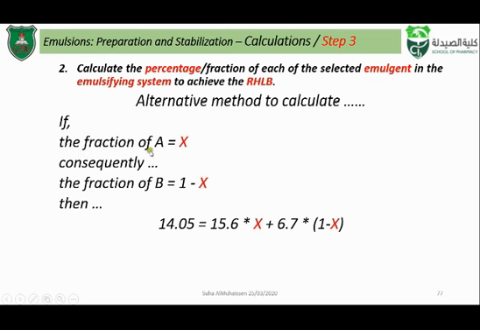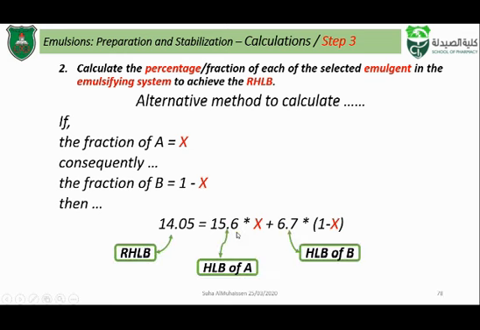If the fraction of A is equal to X, consequently the fraction of B is equal to 1 minus X, then 14.05, or the required HLB, is equal to the fraction of each multiplied by its HLB. As you can see, you can solve it with respect to X and find that the fraction of A is the same as we calculated.